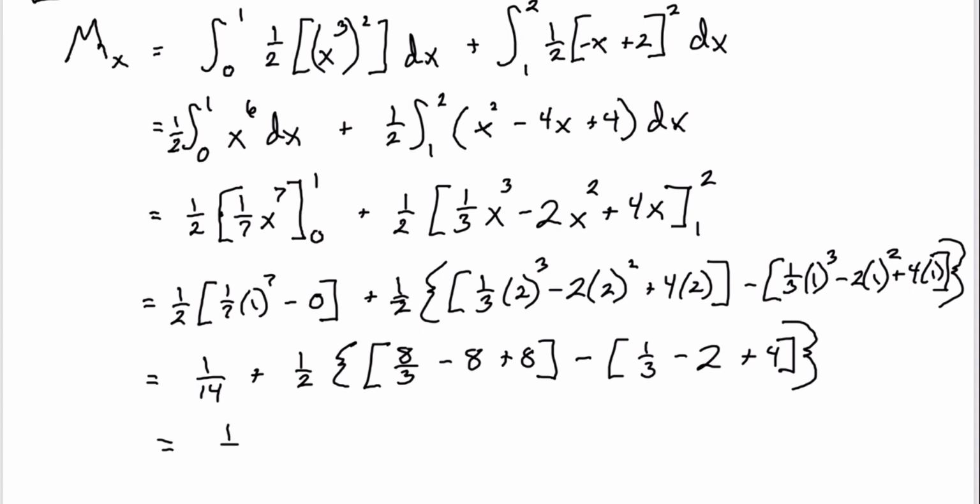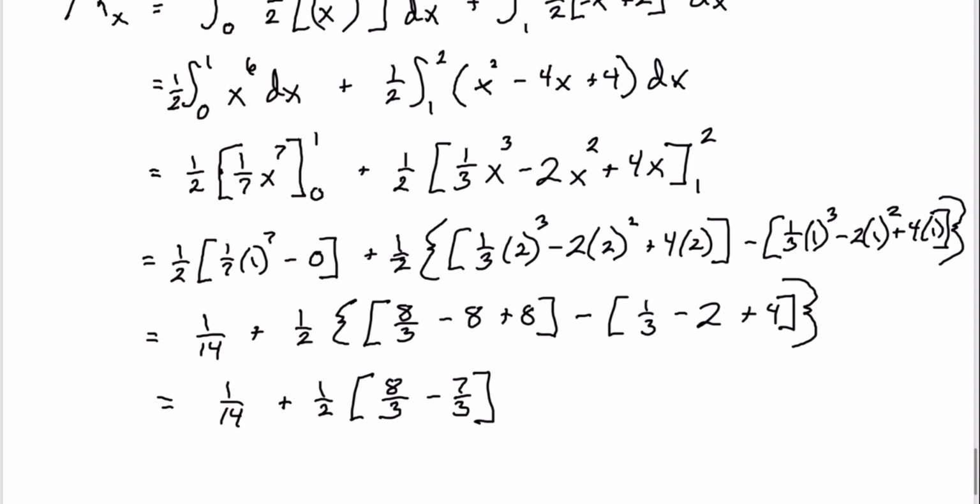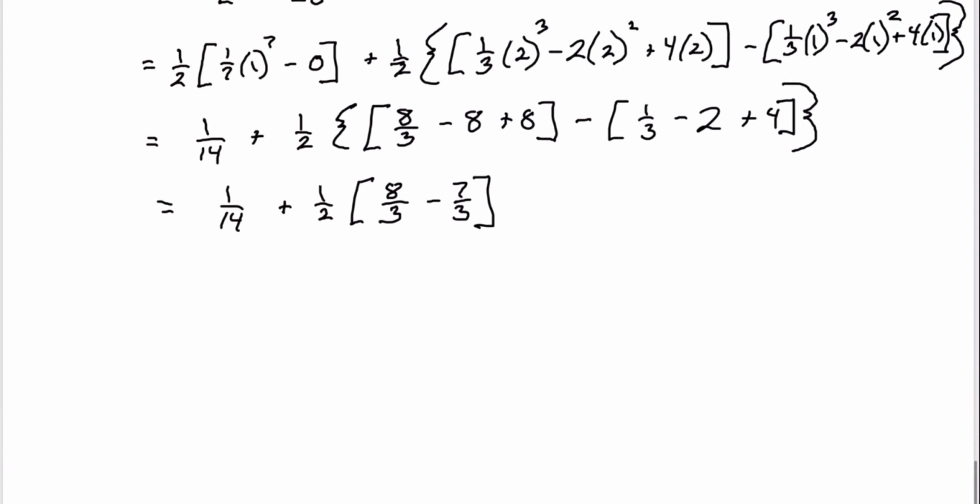We now have 1/14 plus 1/2 times 8/3 minus 7/3. This will give us 5 divided by 21. And this again is the moment about the x-axis.